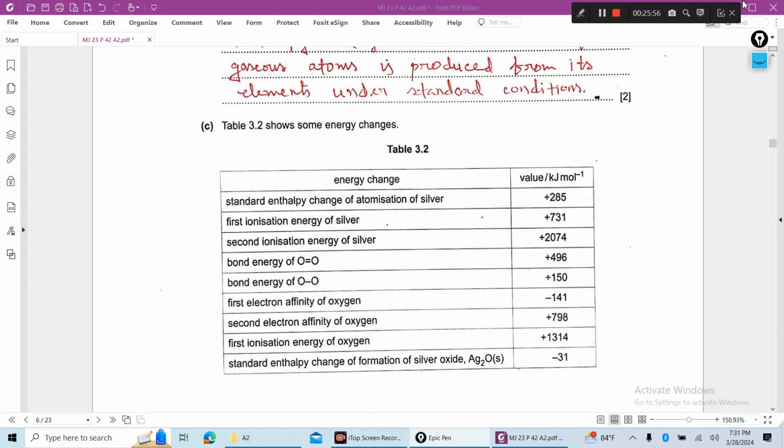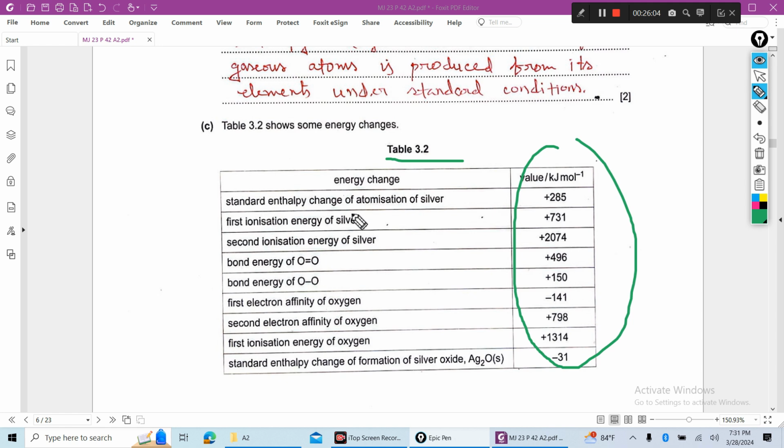Now number C, here table 3.2, yes, there are some values given. Standard enthalpy change of atomization of silver, first ionization, second ionization, bond energy of oxygen double bond, single bond, first electron affinity, second electron affinity of oxygen, first ionization energy of oxygen, and standard enthalpy change of formation of silver oxide.